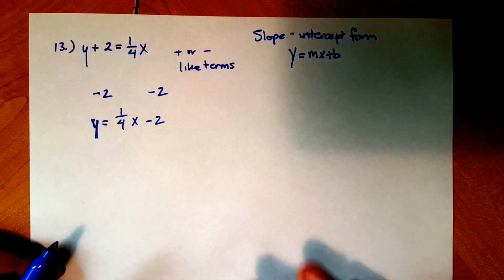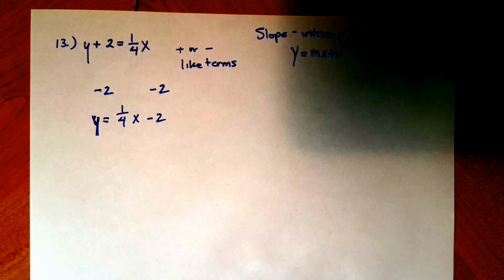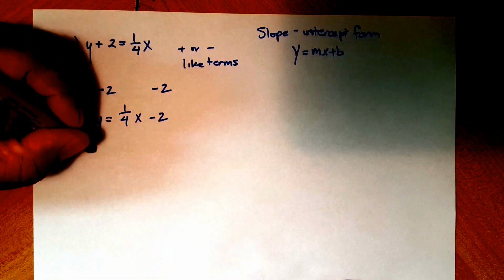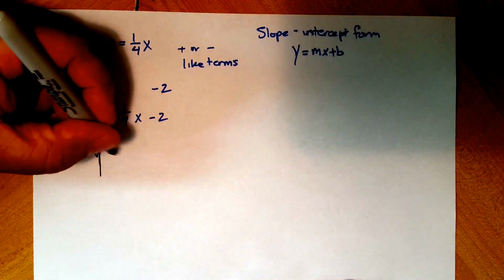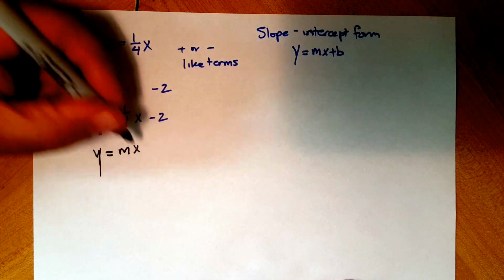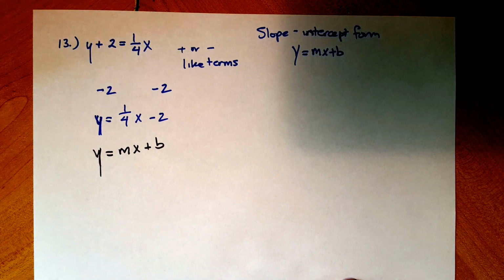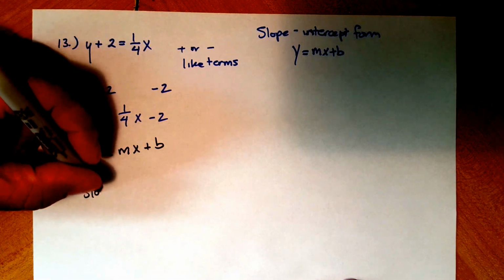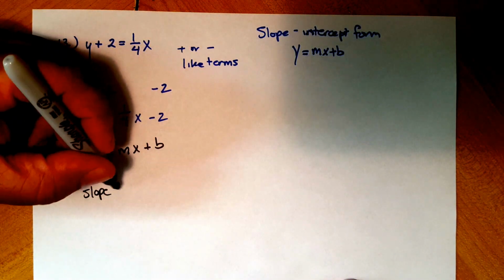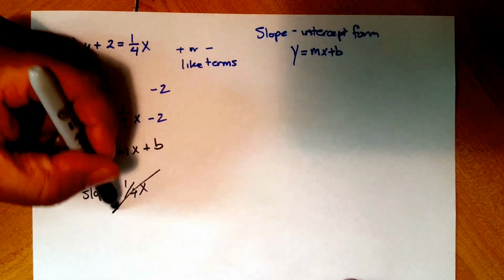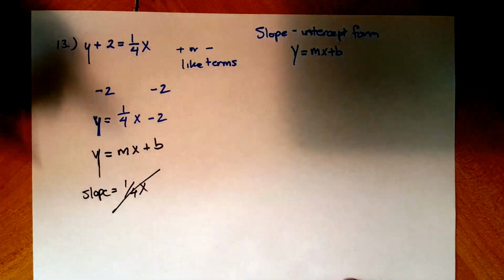Okay? So another misconception, now that we have it in y equals mx plus b form, another misconception we had was that our slope in this case would be equal to 1/4 x. That is not true. Okay? Our slope is a number.